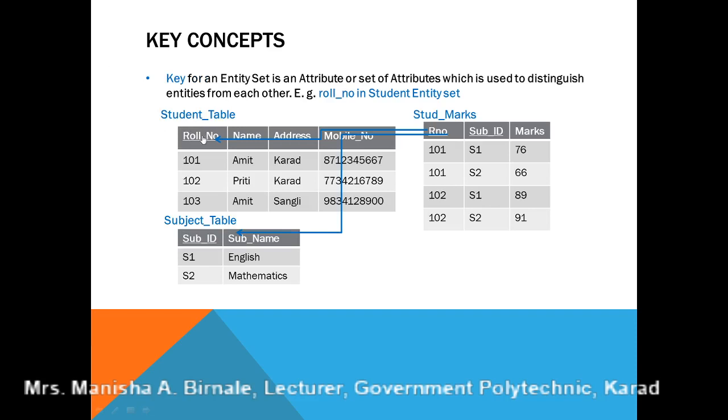It is a parent table because it has a primary key which is referred to by RNO from the stud marks table. So the stud marks table is called a child table and the student table is a parent table. Here the subject table is called a parent table, and the stud marks table is a child table, because stud marks contains a foreign key which refers to the primary key of the subject table.